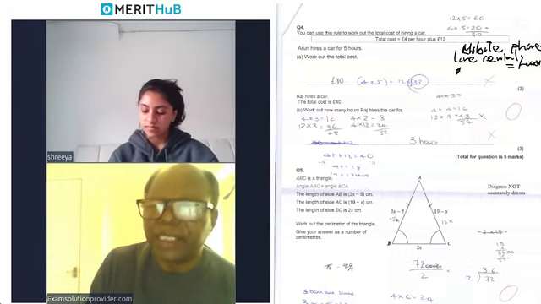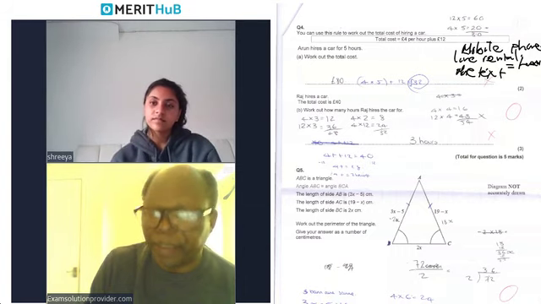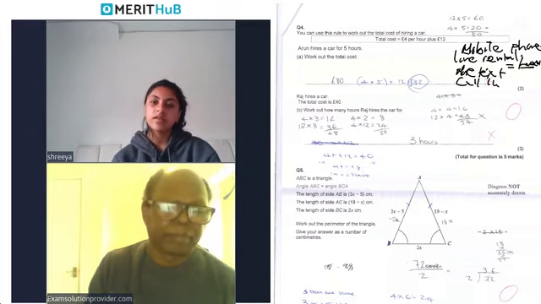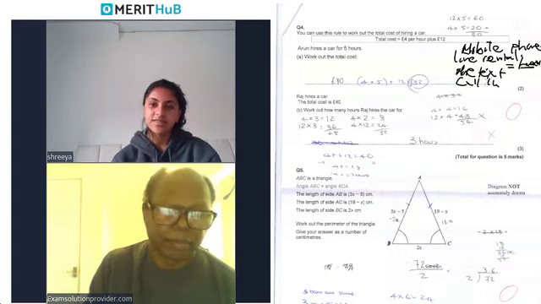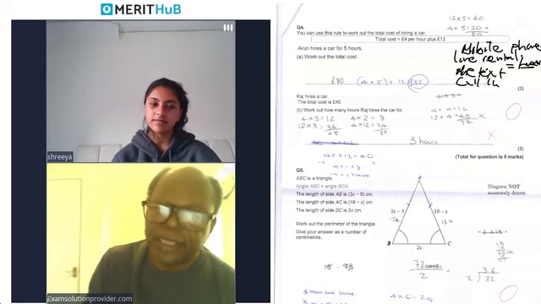The more texts you make, the more you pay. The more calls you make, the more you pay. But this one is fixed. That fixed is this 12 pounds here. And this one here is similar to paying per minute. So all we are worried about is this one here.